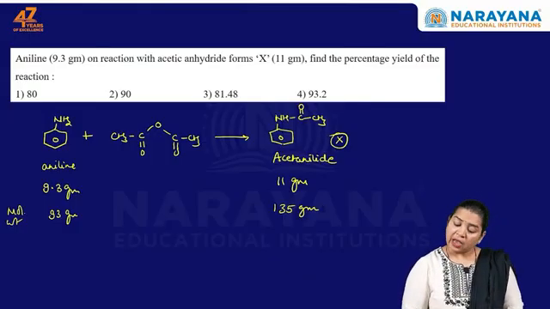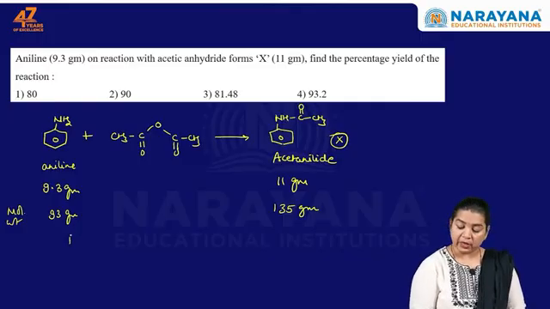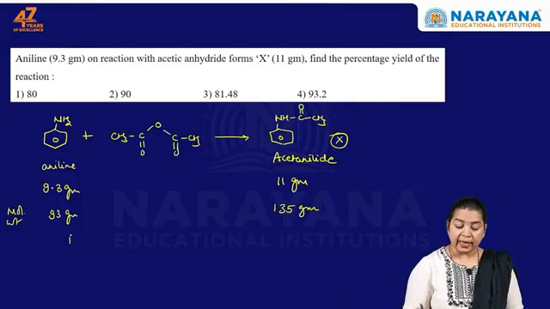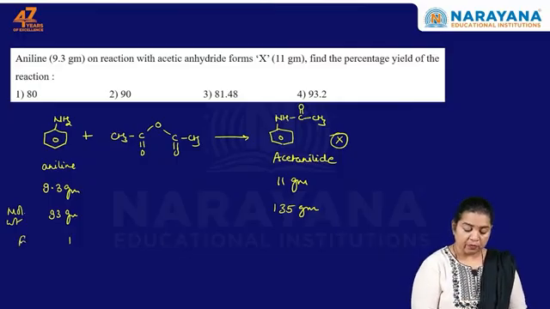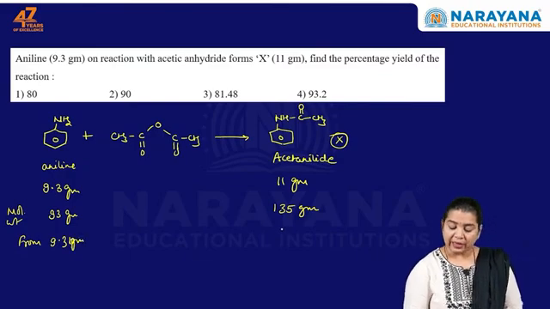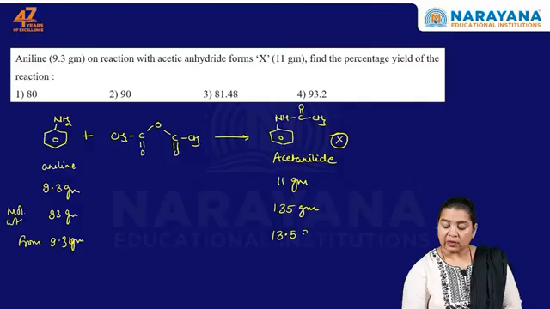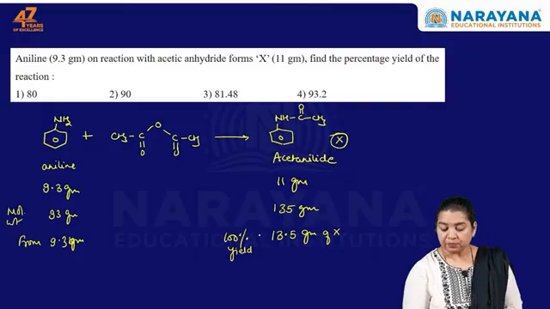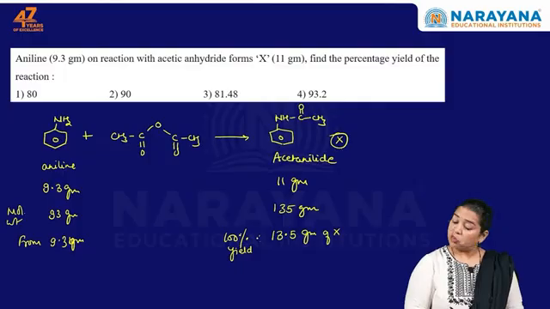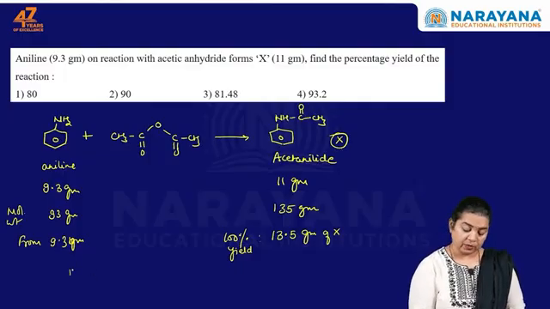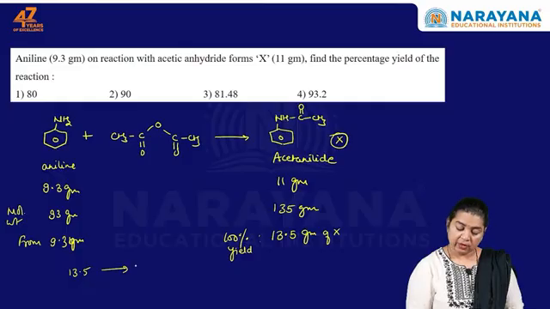If I would have obtained 100% yield, then from 9.3 grams of aniline, I can expect 13.5 grams of X only when the yield is 100%. Correct? Now, we are not obtaining 13.5 grams, but I am obtaining only 11 grams.